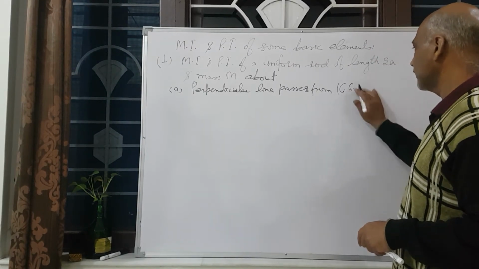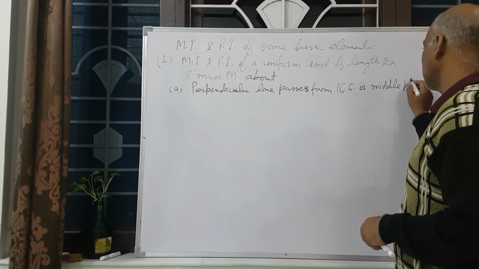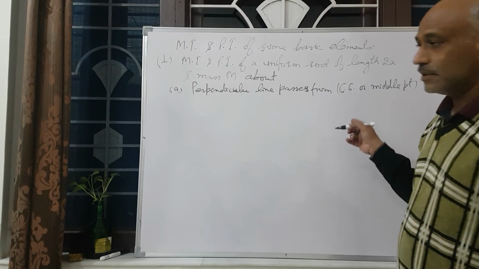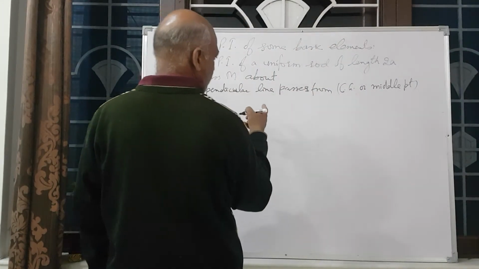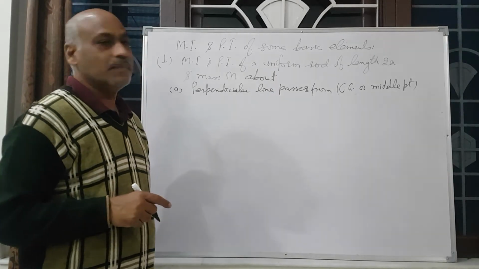or middle point. A is about the perpendicular line which passes through its middle point.